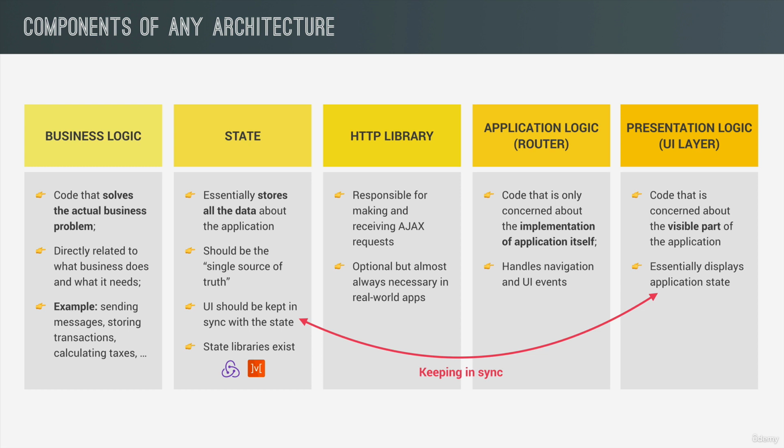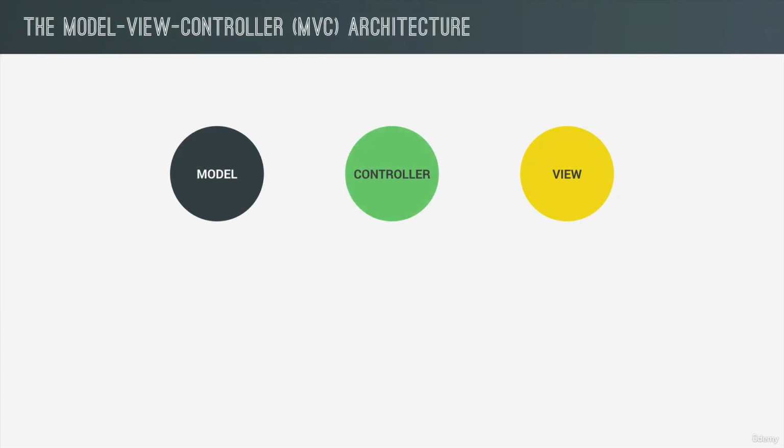All right, now any good architecture has a way of separating all these components. So instead of mixing everything together in one big file and in one big mess. And so let's now take a look at a well-established architecture pattern that we're going to use in this project. And that is the model view controller architecture.